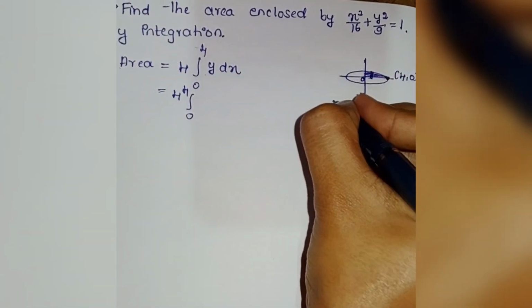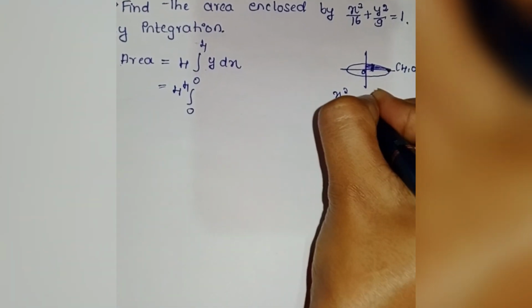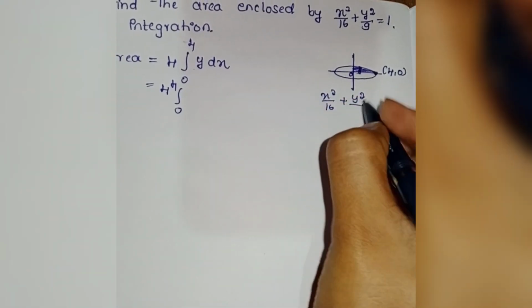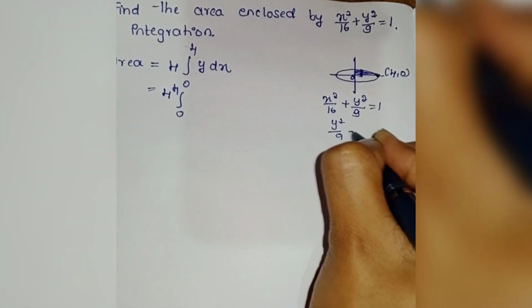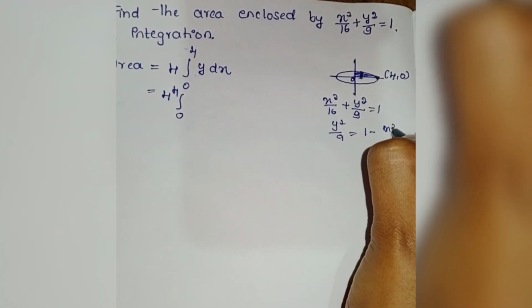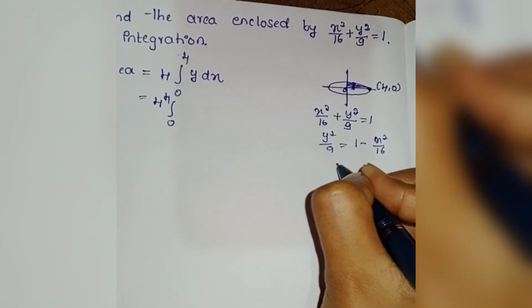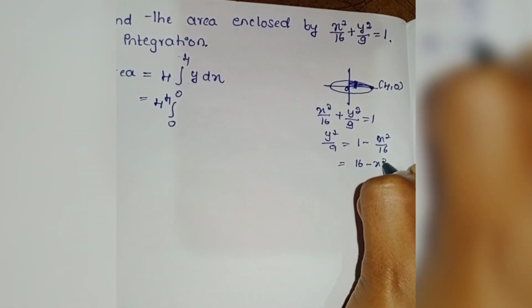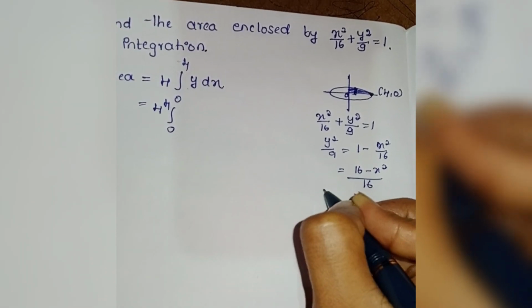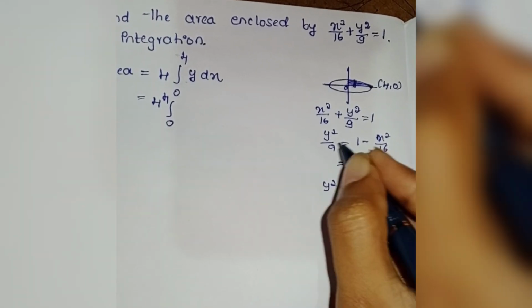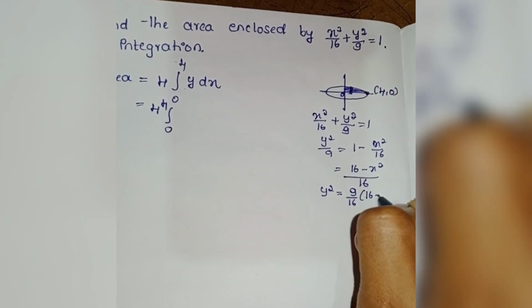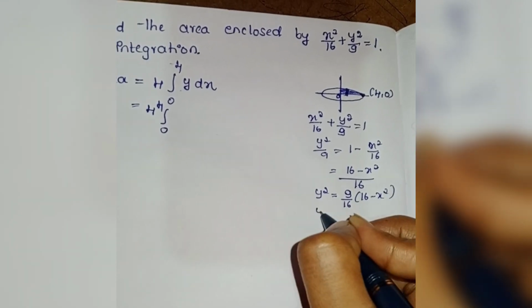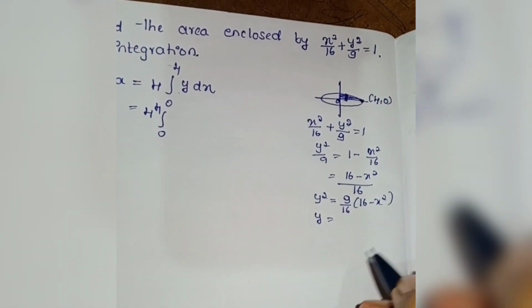Find out y. X square by 16 plus y square by 9 equal to 1. Y square by 9 equal to 1 minus x square by 16. Take the LCM. 16 minus x square divided by 16. So y square is equal to, cross multiply, 9 by 16 into 16 minus x square. So y is equal to square root of this one.